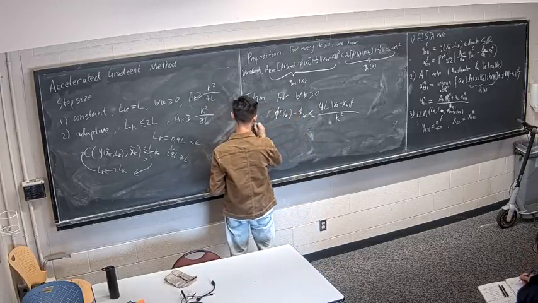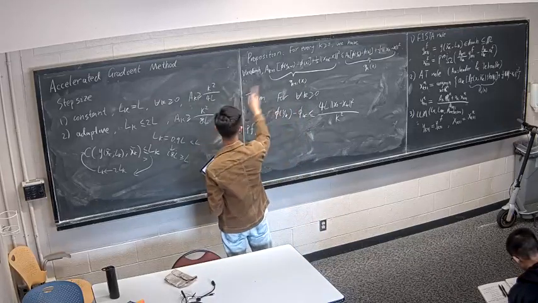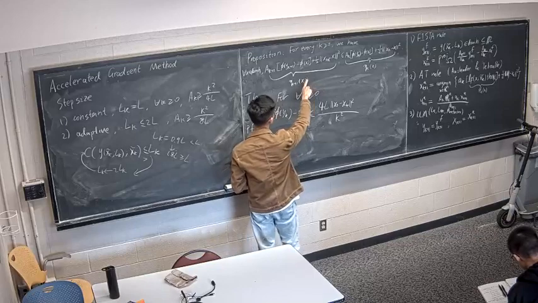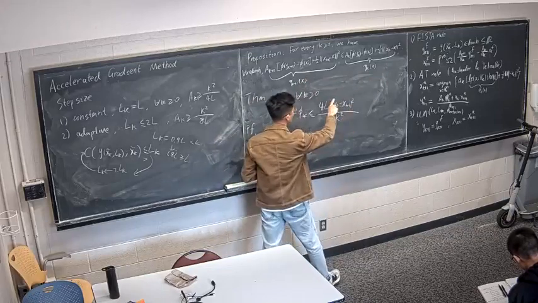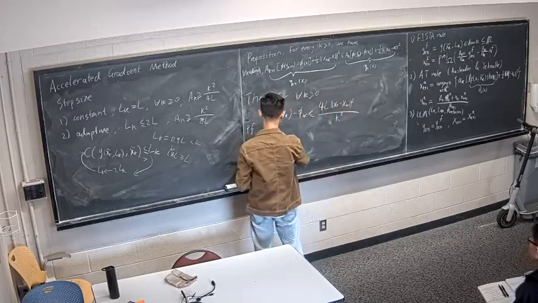So the proof is very simple. We just combine these two results together. From here, you can see this can go all the way back to eta 0.